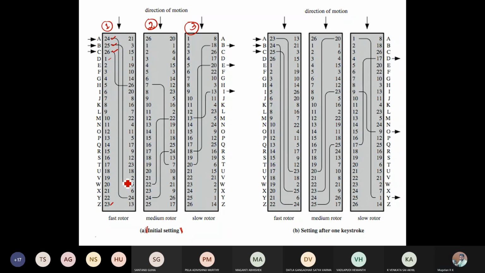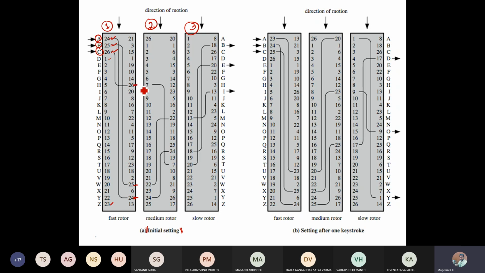Assume that now we are going to transfer data called ABC. In this, A is connected to 24, B is connected to 25, and C is connected to 26. Since this 24th pin is connected to the 24th pin in the output here, A will be taken as output here, and B will be taken as the position of 25, and C as the position of 26 here.